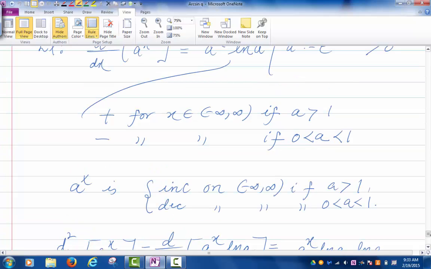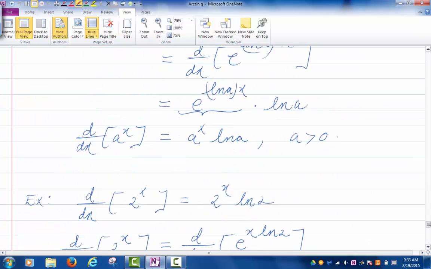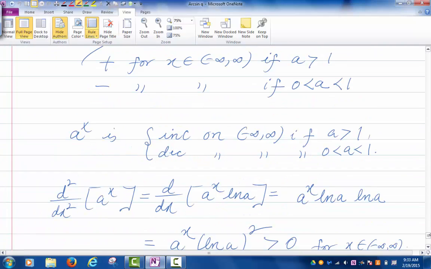Notice that I did not include a equals 1. Remember, I spoke about the case a equals 1. When a is equal to 1, what's the function?